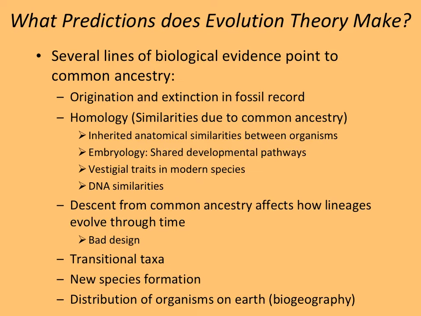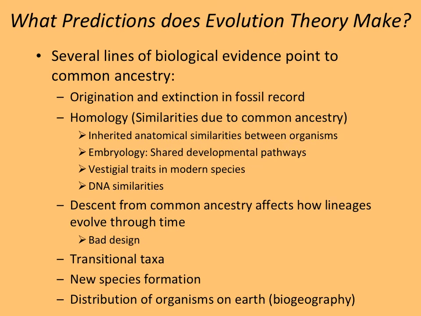There's something called homology. Homo is same, and homology means similarities in either the genes or the phenotype because of common ancestry. In other words, species resemble each other because they share common ancestry.